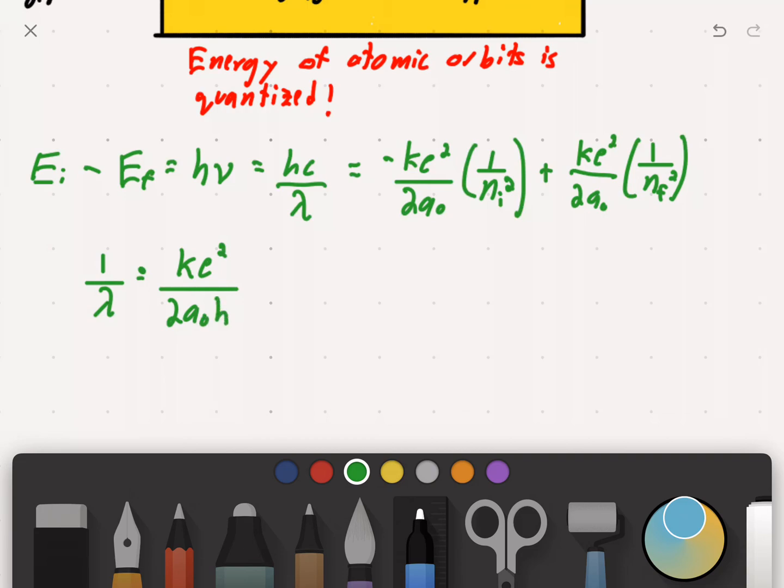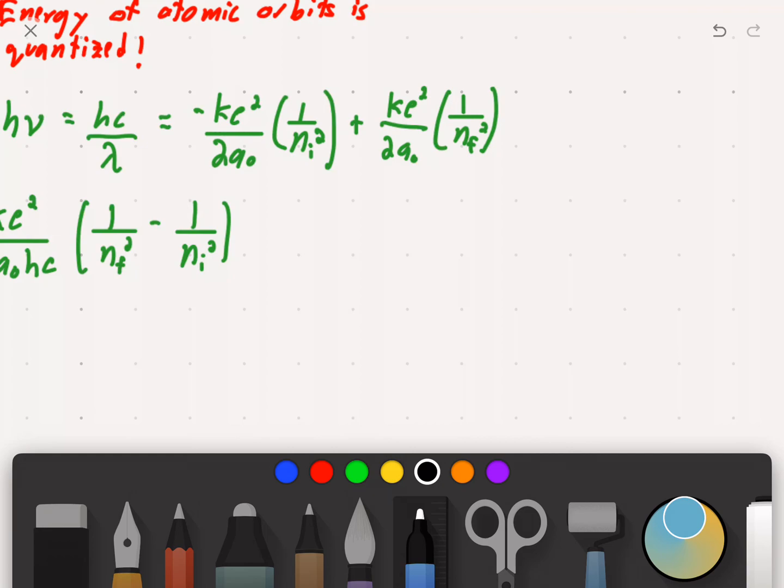Planck's constant comes down from the other side, and c also comes down from the other side, and we get 1 over nf squared minus 1 over ni squared. It turns out that this directly implies that 1 over lambda is R times 1 over nf squared minus 1 over ni squared.